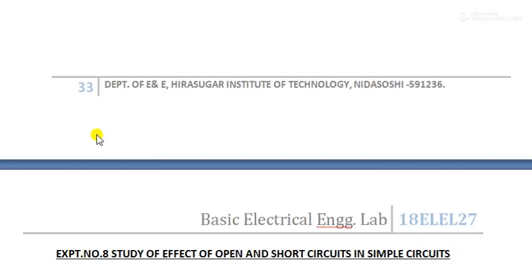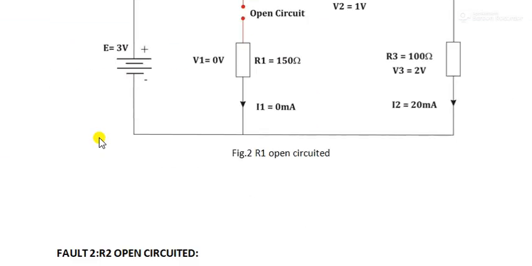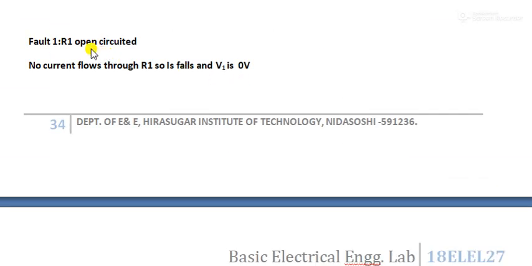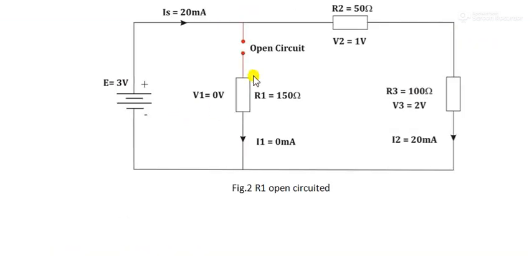So let us see how the faults are created. Fault 1 is R1 open circuited. R1 open circuited means this branch is open now. If this branch is open, there will be different values for all the values you saw in the normal circuit diagram.